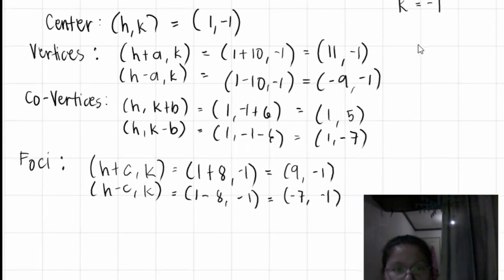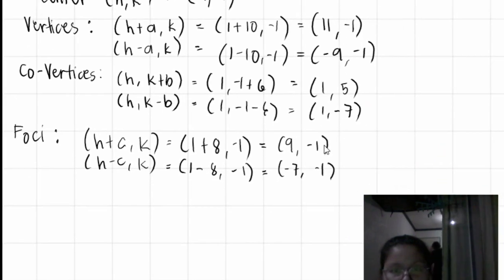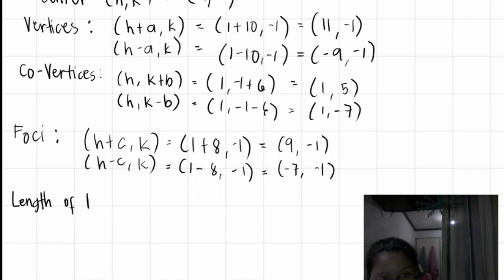So, before natin i-graph yung ating mga given points, kunin na rin natin si length of major axis. And then the length of minor axis. So, length of major axis. Major axis. And then we have the length of minor axis naman.